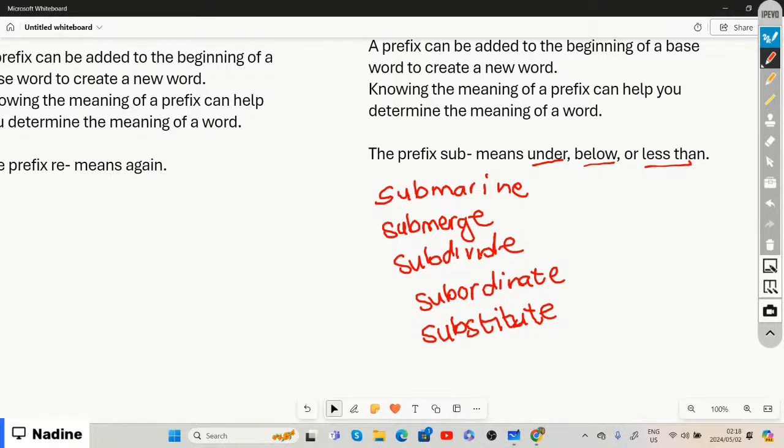And if you know the meaning of this prefix, for example, sub means under, below, or less than, then it will help you to determine the meaning of words. And I'm saying words because not just one word, but more than one word. You'll be able to know the meaning of these words by just knowing what pre means, re means, and sub means.